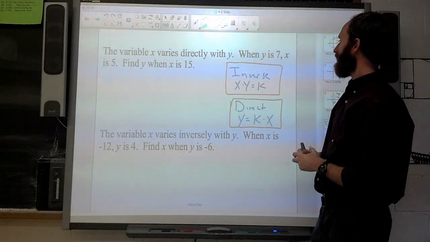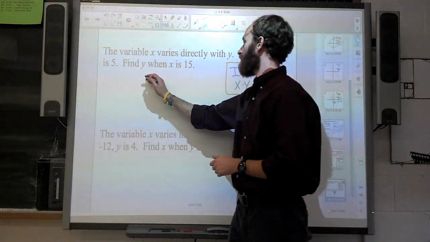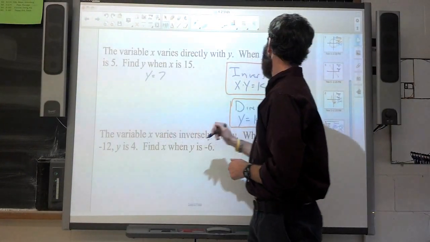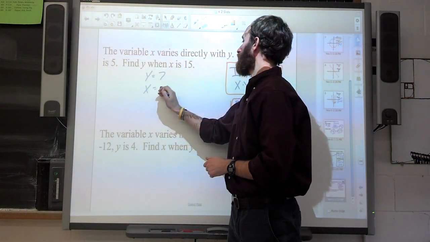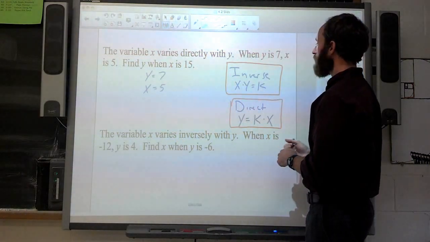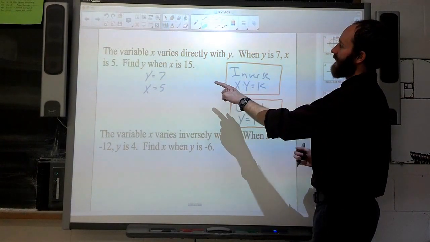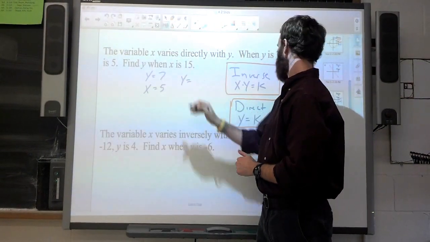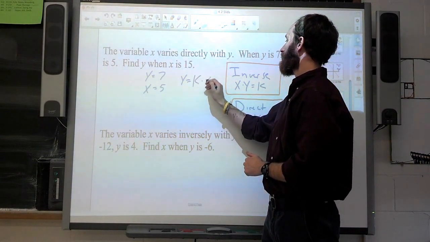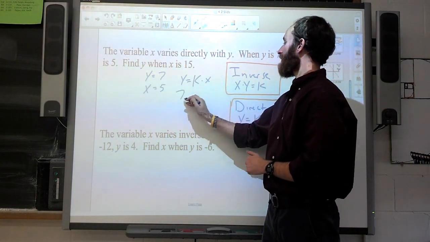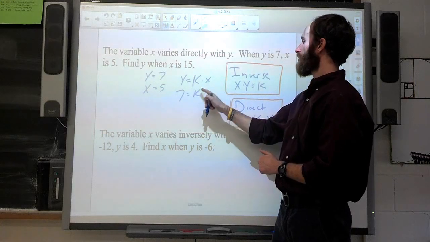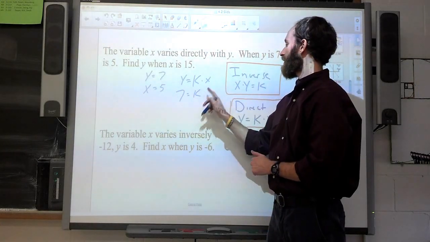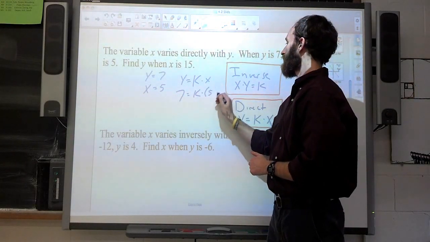So we're going to go ahead here, and we'll see that my y is equal to 7, and my x is equal to 5. So we're seeing that direct is going to be y equals k times x. So y is 7 equals k times 5.